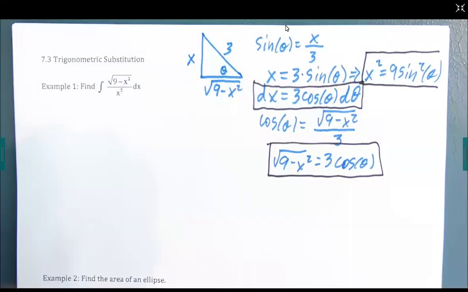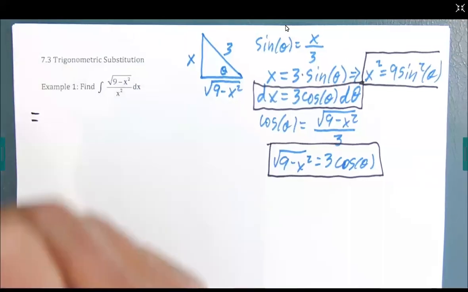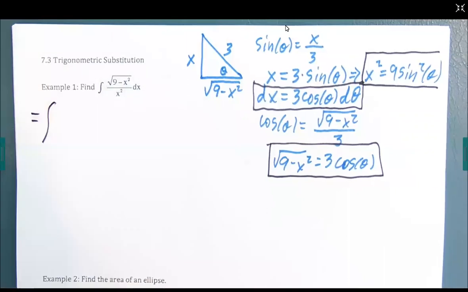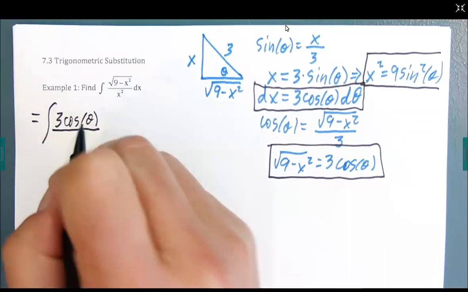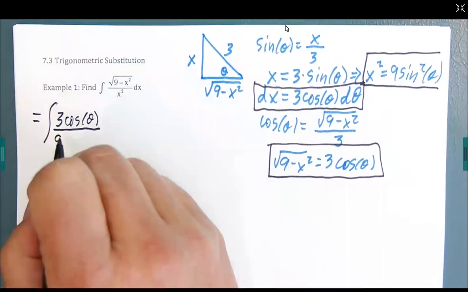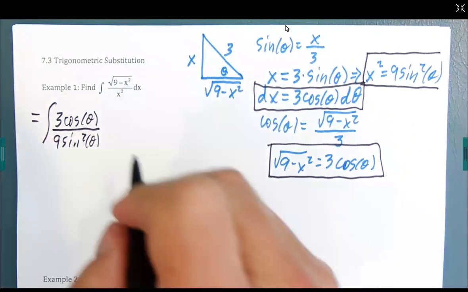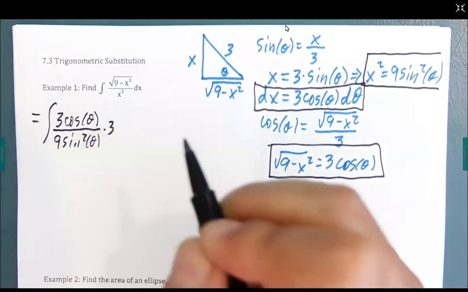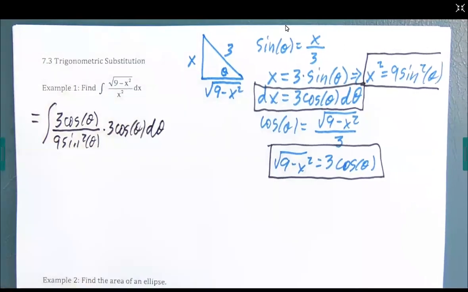And I'm going to piece all of that together to get the integral of 3 cosine theta over x squared, which is 9 sine squared theta, dx, which is the 3 cosine theta d theta. And now we've done a complete transformation from x into theta.